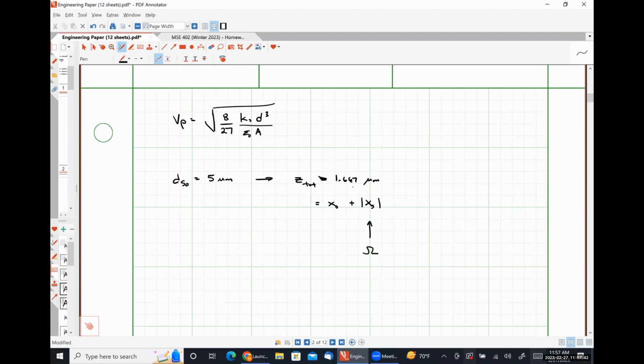So if we know that our total displacement is 1.667 microns, that's the maximum displacement in the Z direction that we can have. And we're less than that here. So I would say, do 1.667 microns minus X naught, or what I'm calling X naught, the equilibrium displacement.